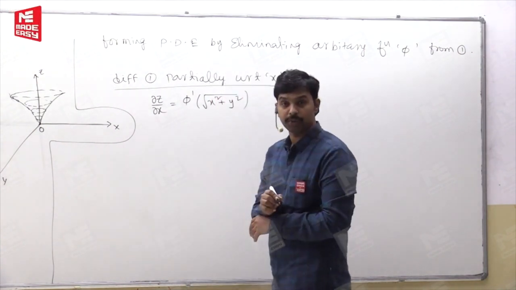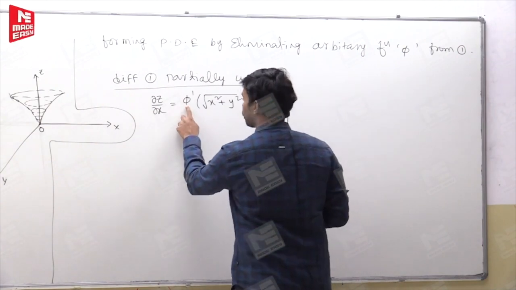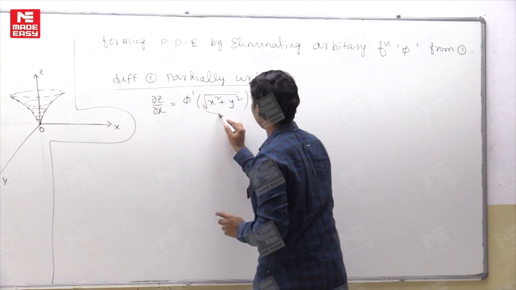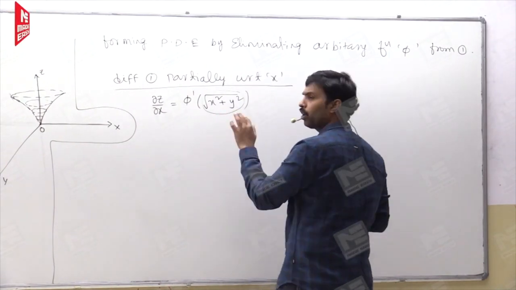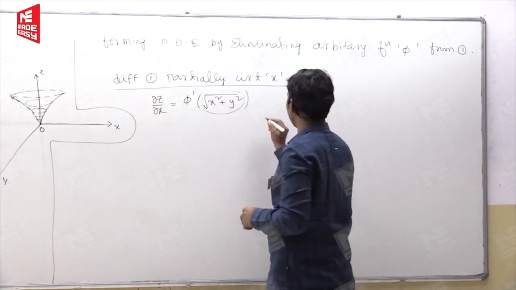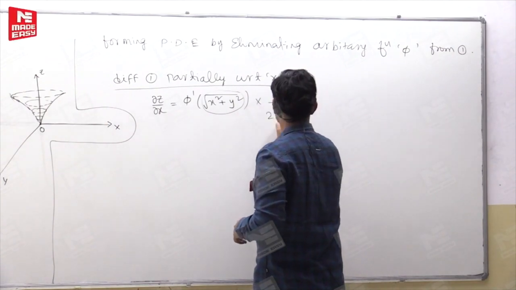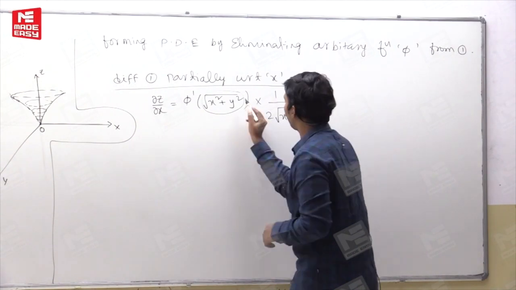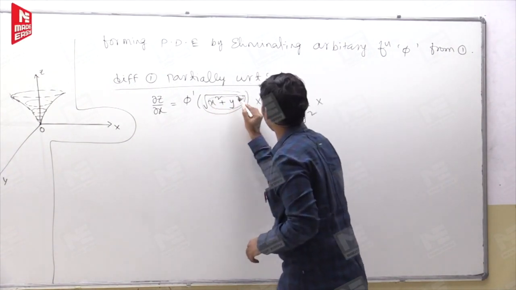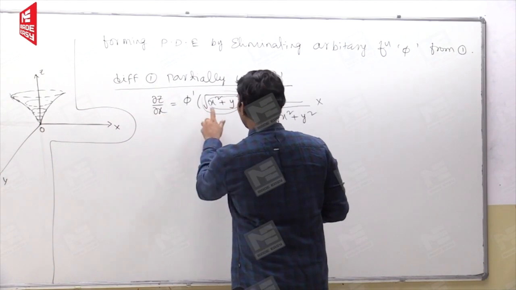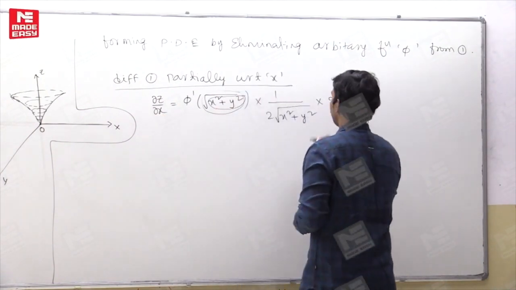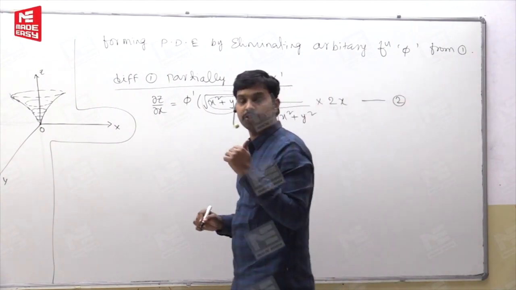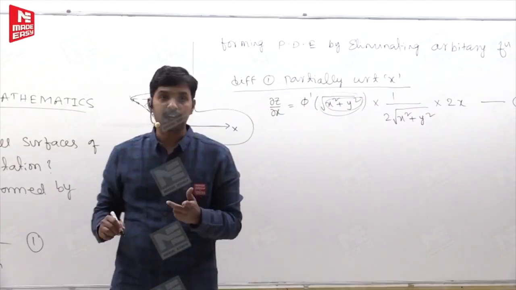After differentiating phi as phi dash, internally, the differentiation of the under root is 1 by 2 root of x square plus y square. Then the internal derivative of x square plus y square with respect to x partially is 2x. So this is expression 2, which is the partial differentiation with respect to x.